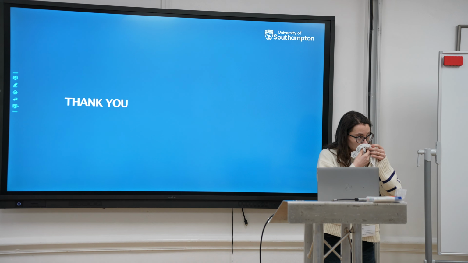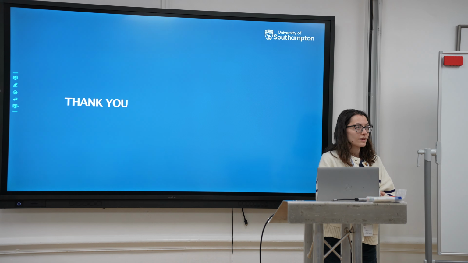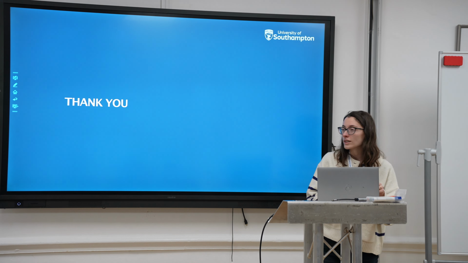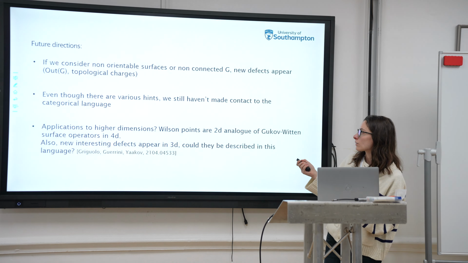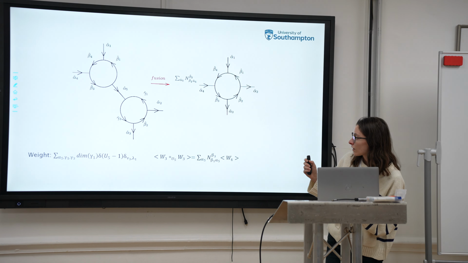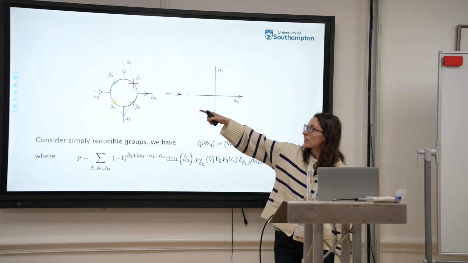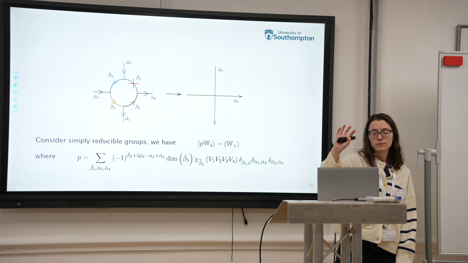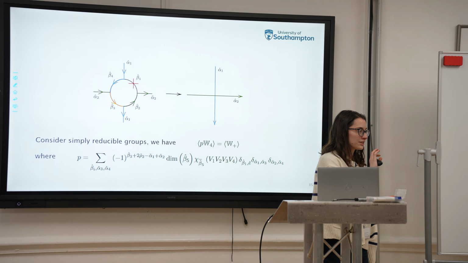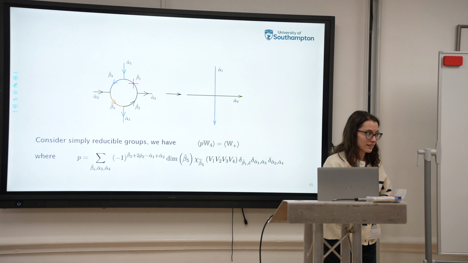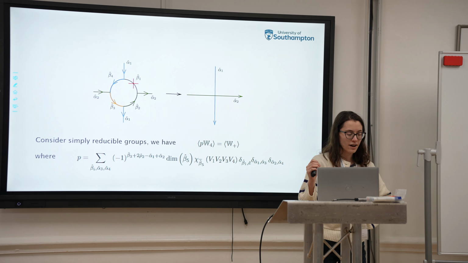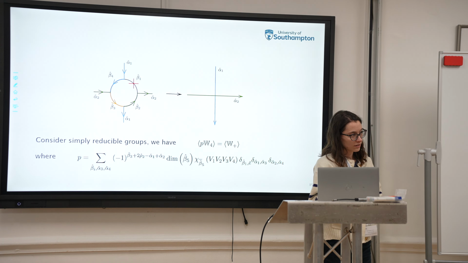Were you able to compute the F symbols for these defect methods? That's a good question. We didn't do that. But we think that the category underlying this framework is the Racah-Wigner category, for which the F symbols are the 6j symbols.